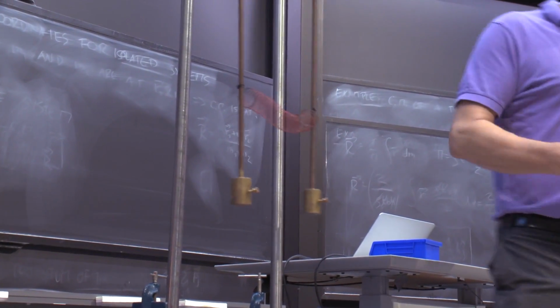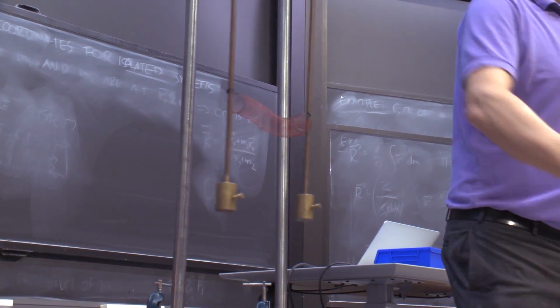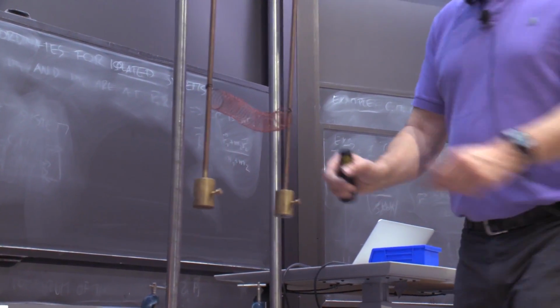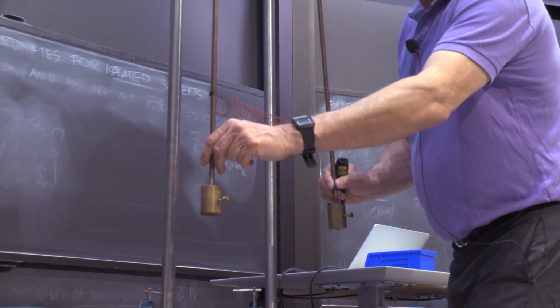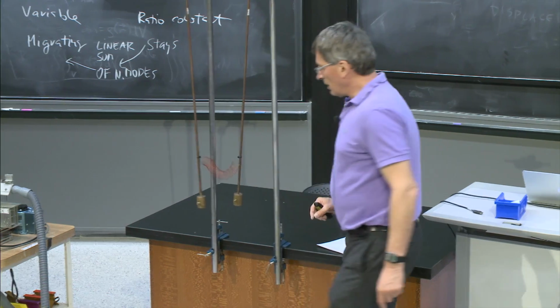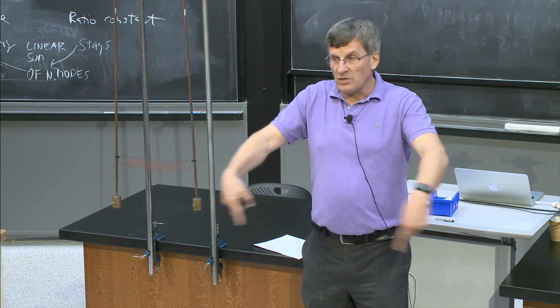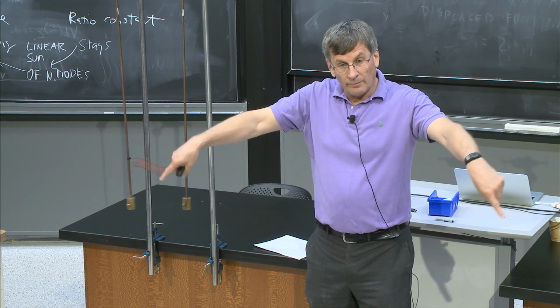So this is one mode, and the amplitude is, at any given moment, the same, so the ratio is 1. And then you have a motion in which the two pendula are going against each other, so at any given moment of time they're in opposite positions, so the ratio is -1.